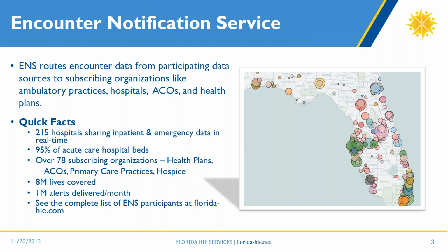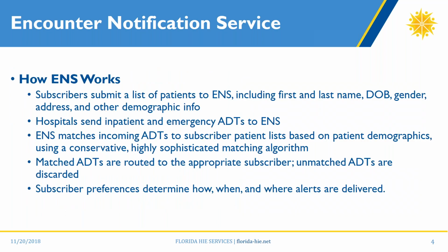So, Christy, I'm going to change just a little bit to how it works. So if you subscribe to the ENS service, you would provide us with a patient panel with basic demographic information, and we take that information and we match it to information being sent from the hospitals. And if there is a match to your patient, you would get a notification back to you.